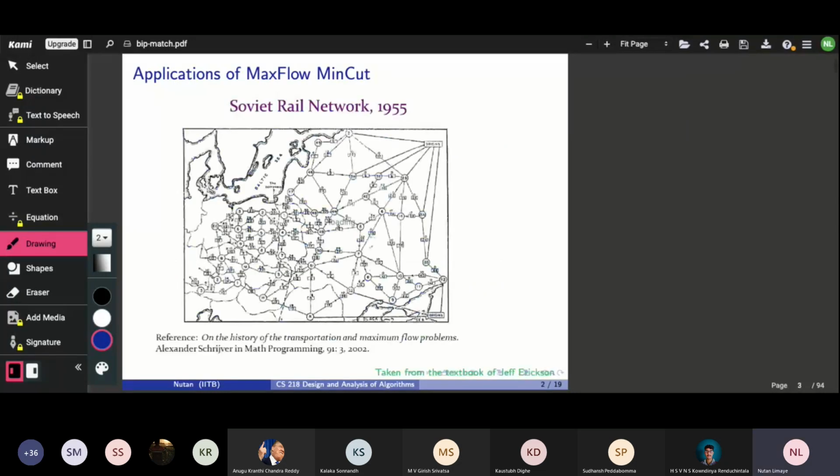As I said, the Max-Flow-Min-Cut problem is in fact motivated from a real-life application, during the early days of the Cold War.